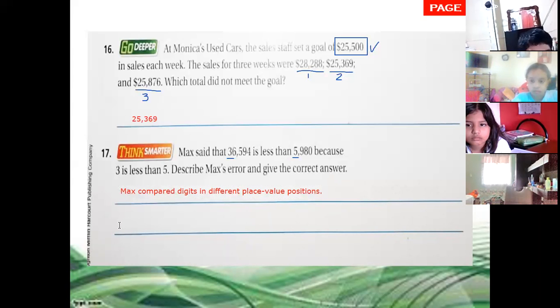So you can say that 36,594 is greater than 5,980. So we need a greater than symbol here. That's the correct answer.